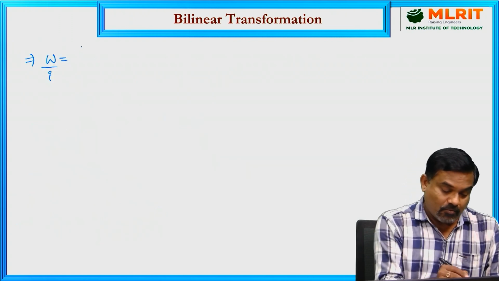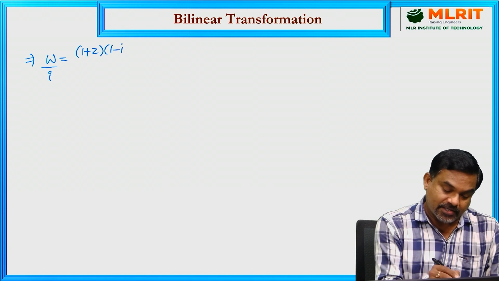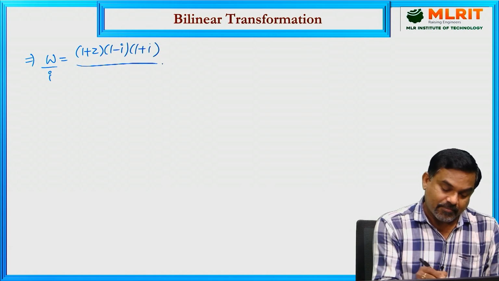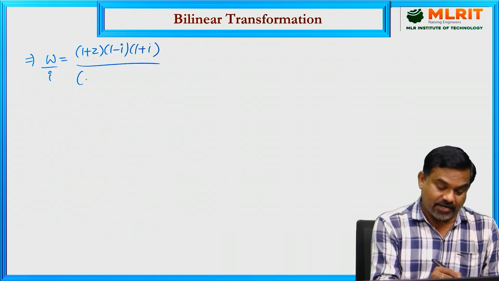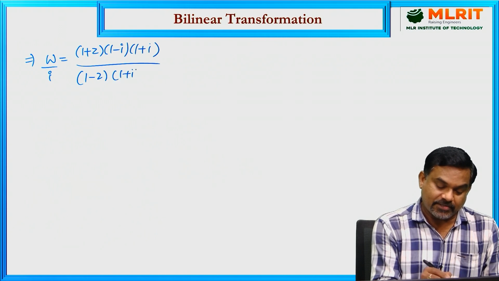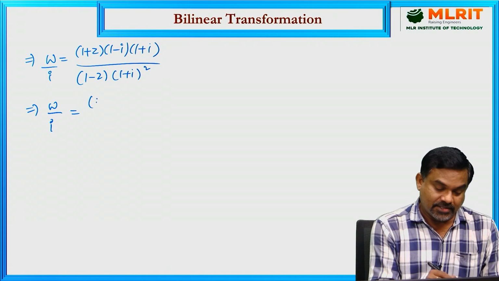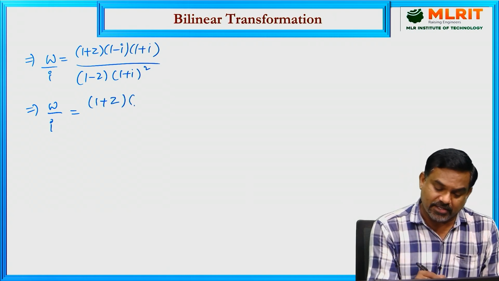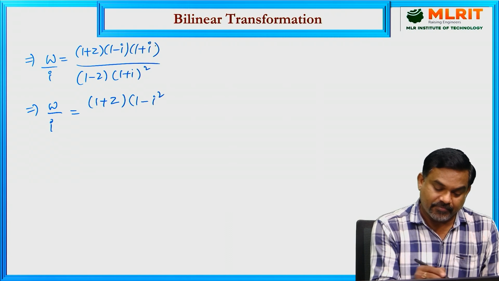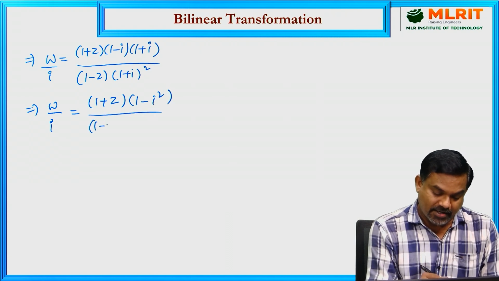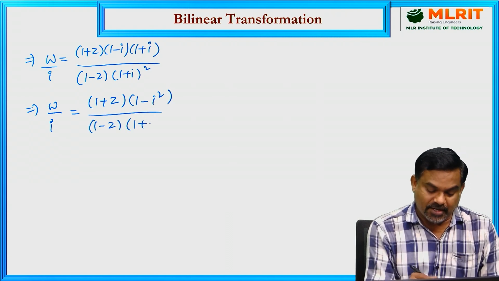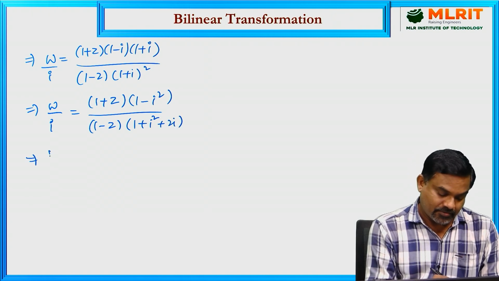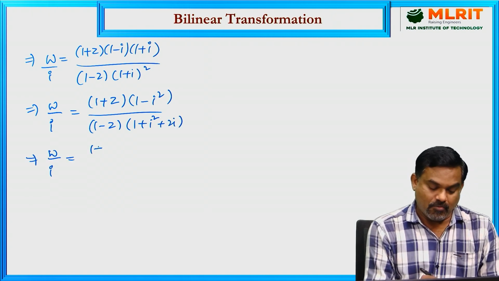Then (1 + z)(1 − i)(1 + i) by (1 − z)(1 + i) whole squared. So w/i equal to (1 + z)(a + b)(a − b), so a² − b², (1 − i²), by (1 − z) times (1 + i)², (a + b) whole square formula, 1 + i² + 2i.